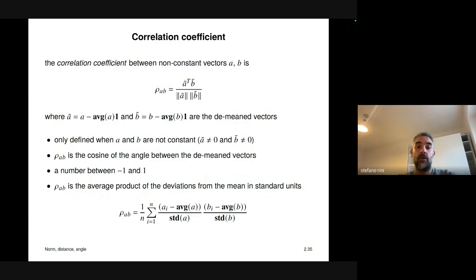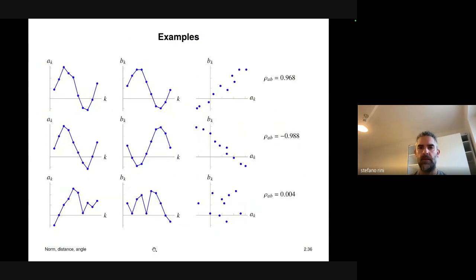If the vectors are constant, the correlation coefficient does not hold. Otherwise it is always between -1 and +1. The full expression is here, and you can think of it as the average deviation from the mean in standard units. If you expand the formula, maybe it will make sense to you.